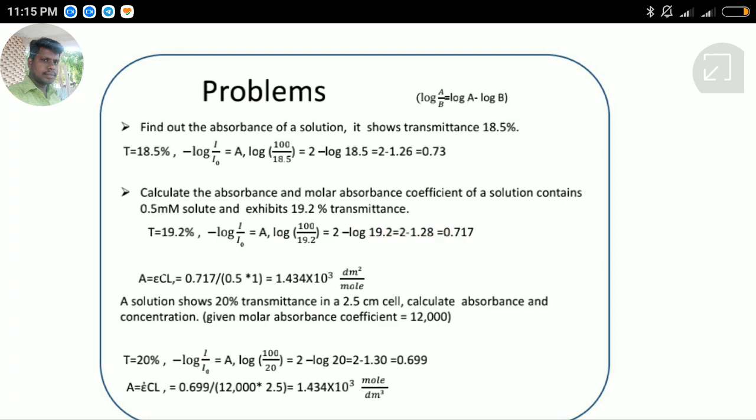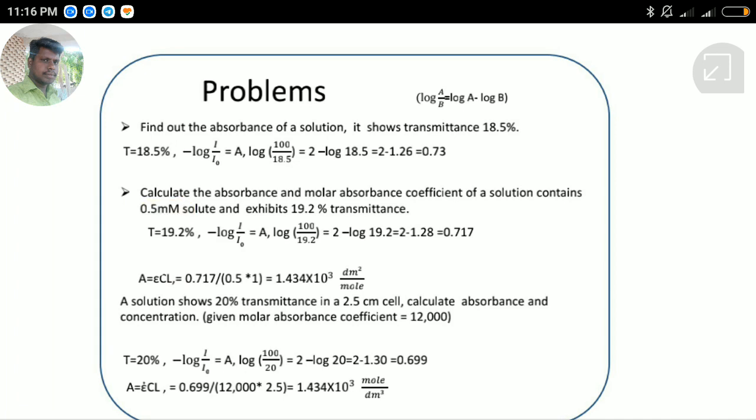0.717. Now we have to use another formula to identify the molar absorption coefficient, epsilon. We just identified that 0.717 is the absorbance, the left hand side value, and epsilon we need to identify.